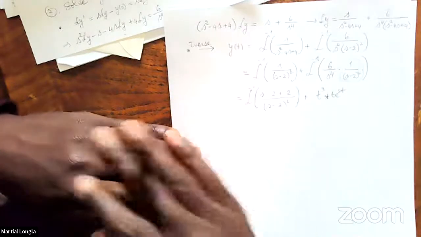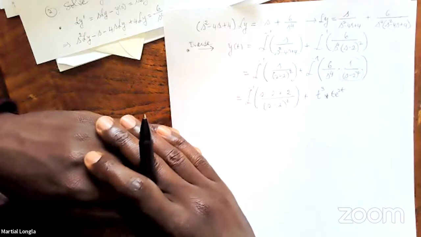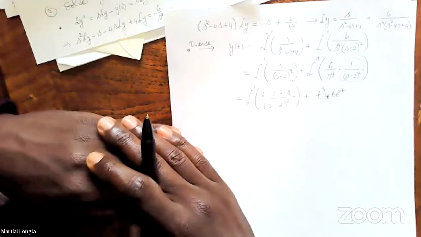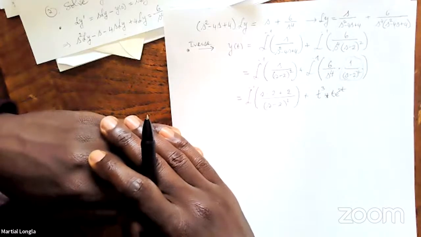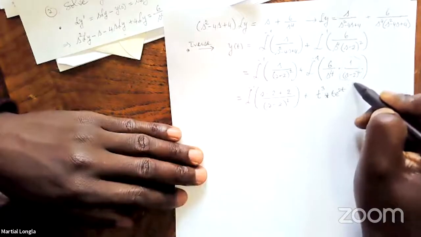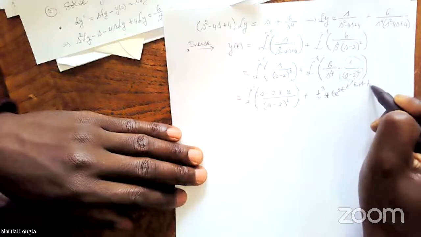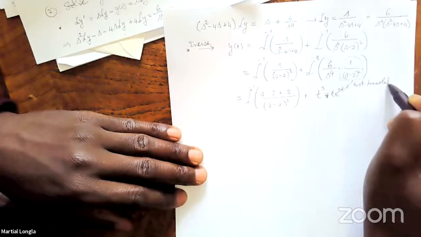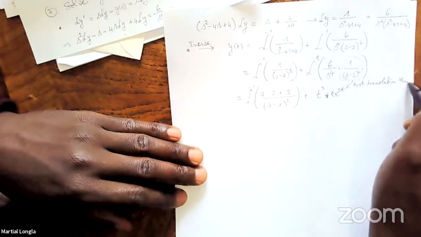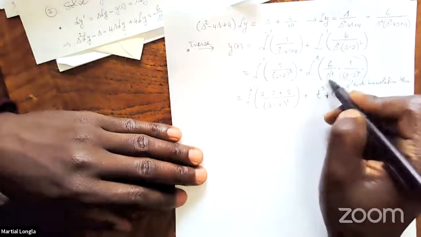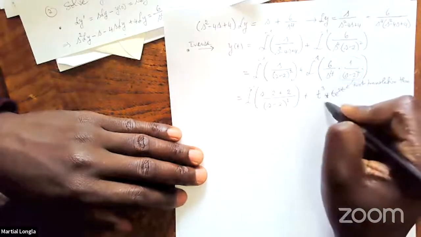Now, if you do all the work that Miss is saying, you still end up with that. So right here, it's the first translation theorem. And then from here to here, that's the convolution theorem.